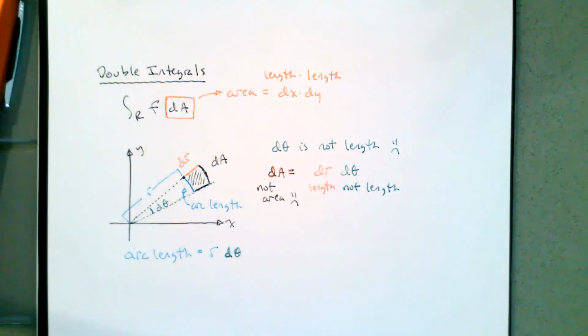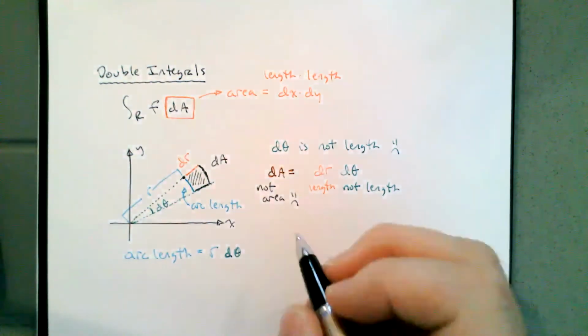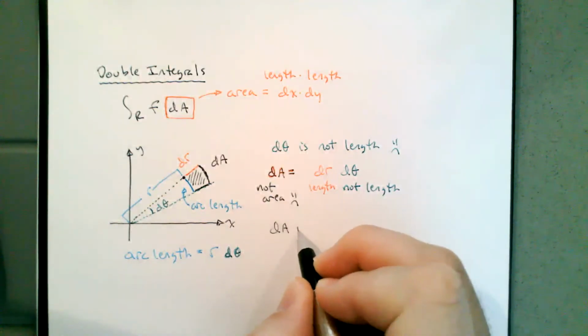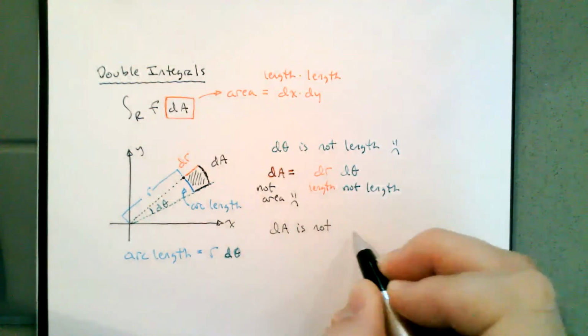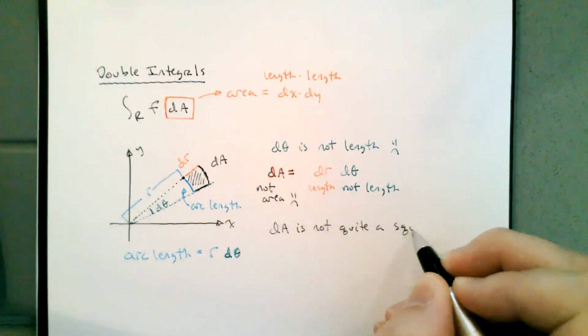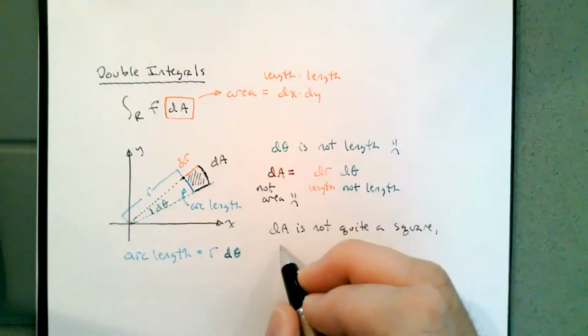So one side is going to be the arc length, and the other side is going to be the dr. So our dA is not quite a square, but it's really tiny, so it'll be very close.